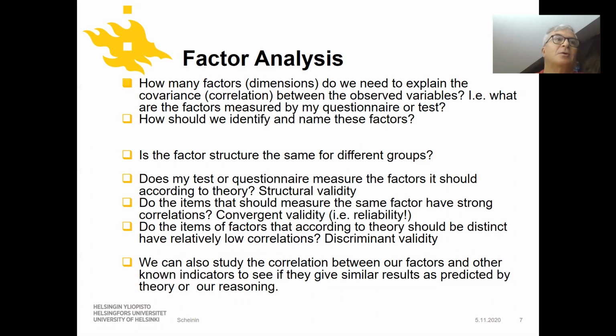So for instance, you could have constructed a mathematics test, and you would compare it with the grades of the students to see if it measures more or less the same thing. So those students who typically get good grades in math would also perhaps get good results in your math test. Or you could do it the other way around and see if it separates those who have typically been diagnosed with learning difficulties of some kind, especially some learning difficulty that has something to do with math.